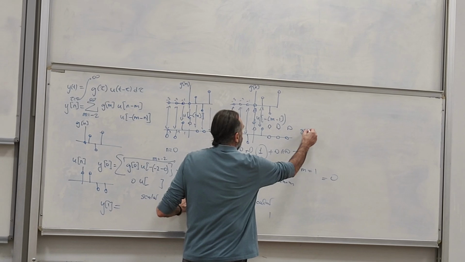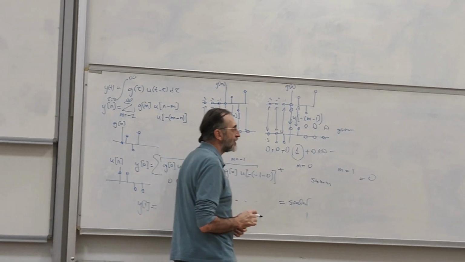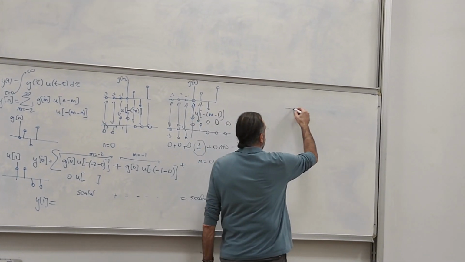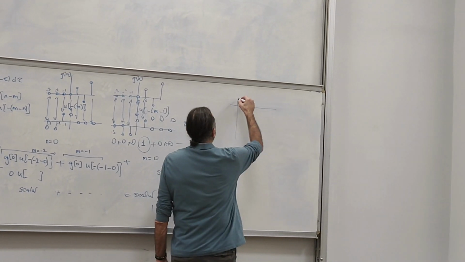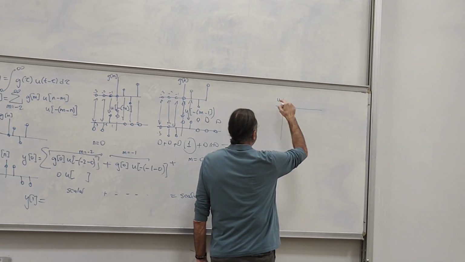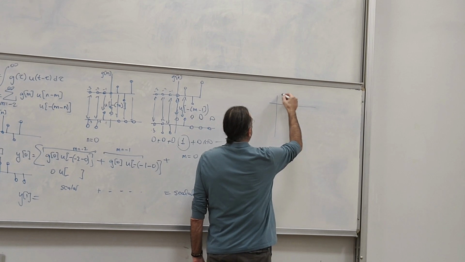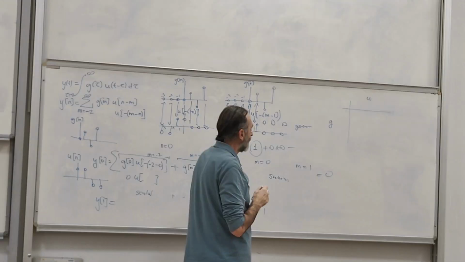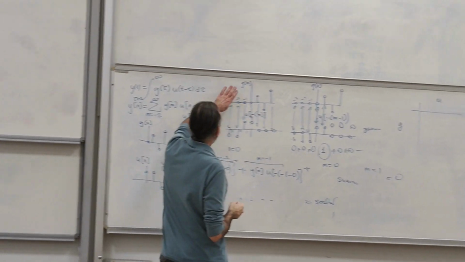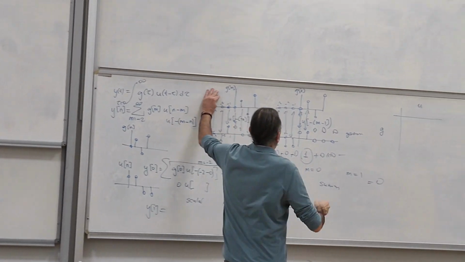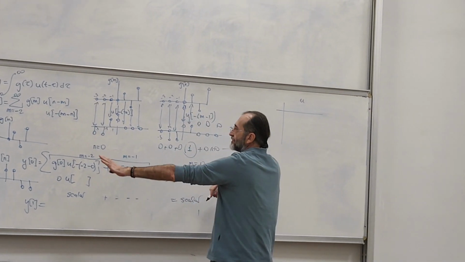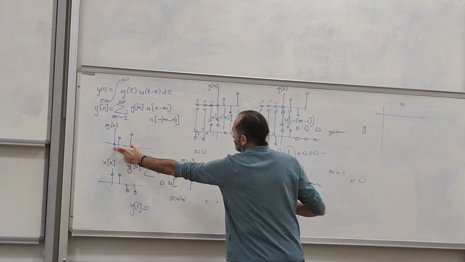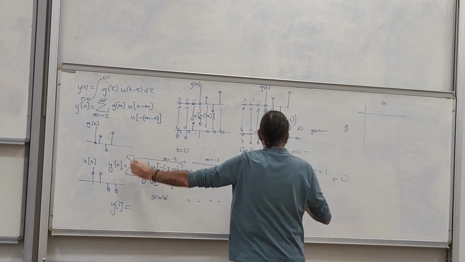Now, this is one way, this is the addition, summation way. This is geometric. Right? And then there is one also, the tabular form, in which you put u here, and then g here. Okay? What is my g? Here, 0, 1, minus 1, 2.